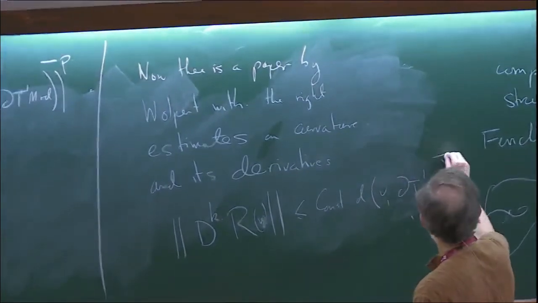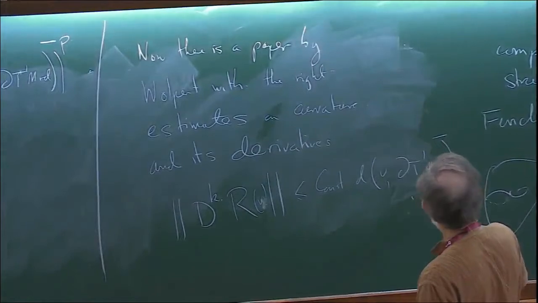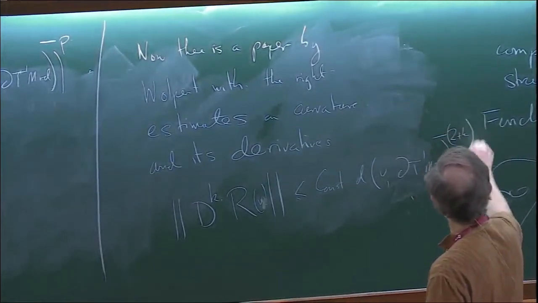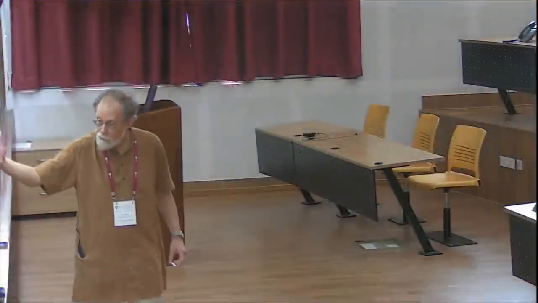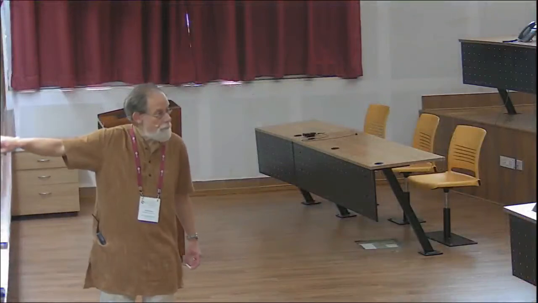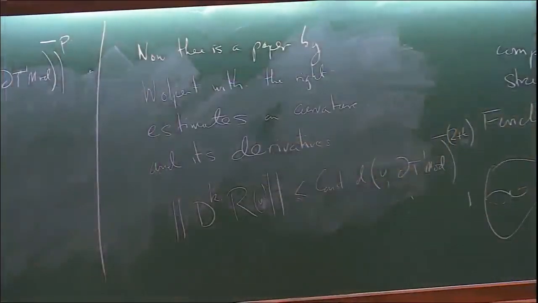The relevant power is minus 2 plus K. I hope I've got the right power. Anyway, there is an appropriate power, and it goes up by 1 each time you differentiate. And I think minus 2 is what I want in the base case of the curvature, which is what we already knew when we wrote the initial paper, and we used that all over in that paper.